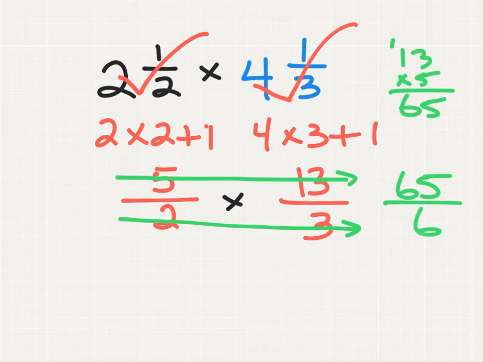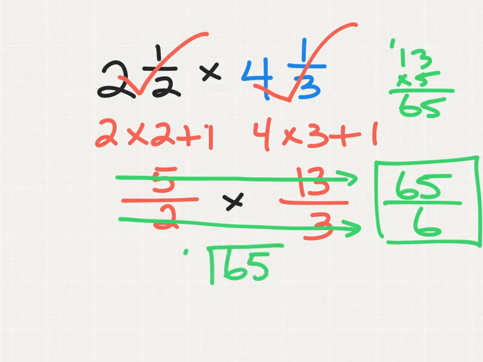I now need to rename this improper fraction. My numerator is much larger than my denominator. I divide my numerator by my denominator to rename this improper fraction back into a mixed number. I can make one group of 6 from 6. 6 times 1 is 6. 6 minus 6 is 0.